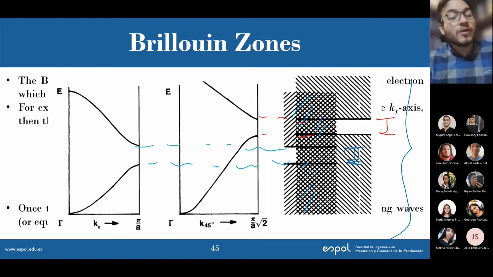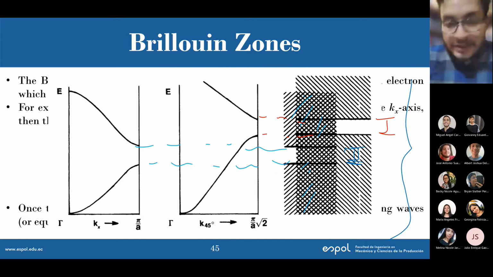Whereas in an insulator or in a semiconductor, and we'll see that in next modules, there is no such overlapping. And therefore, there are actual energy gaps in the whole structure.